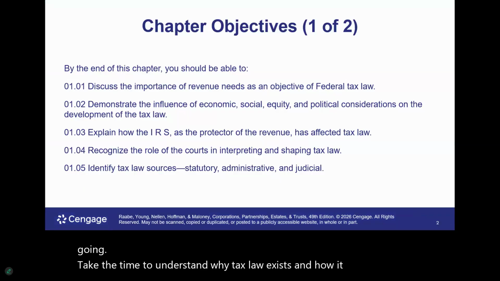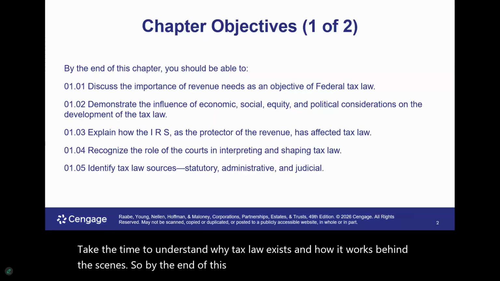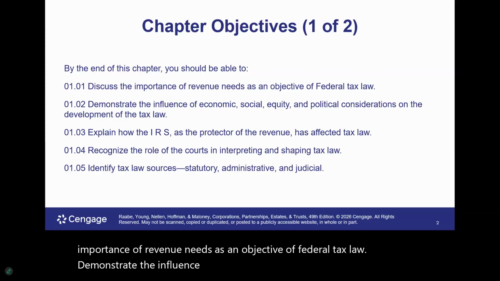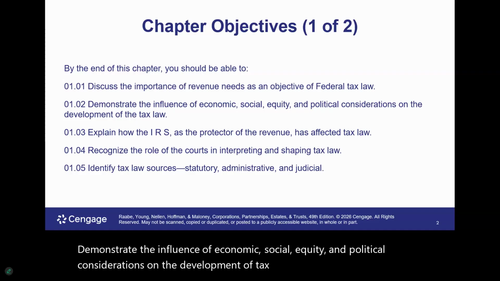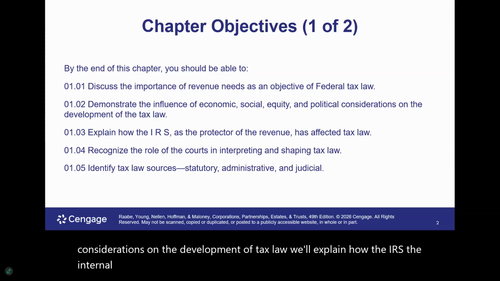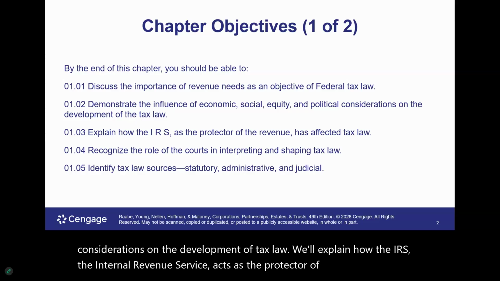behind the scenes. So by the end of this chapter, you should be able to discuss the importance of revenue needs as an objective of federal tax law, and demonstrate the influence of economic, social, equity, and political considerations on the development of tax law. We'll explain how the IRS, the Internal Revenue Service, acts as the protector of revenue and how it has affected the tax law.